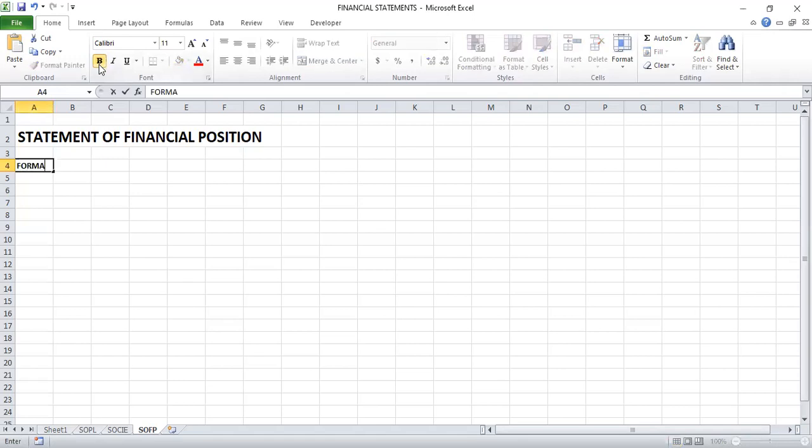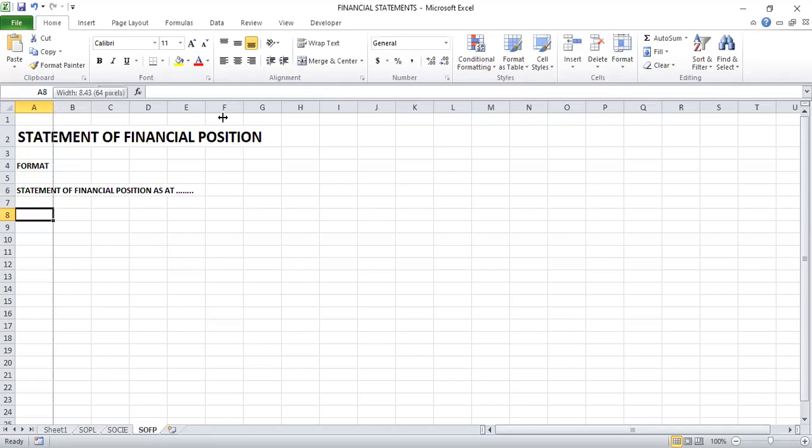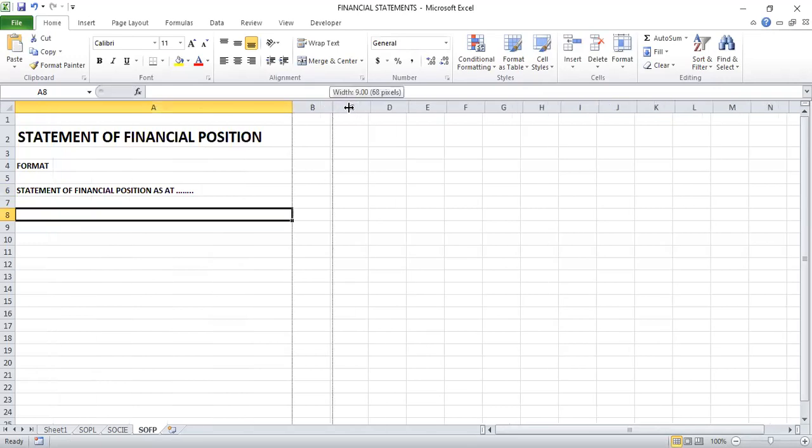It is prepared as at a given date. It can be 31 December, or remember that a financial year of a business can end at any other time, which is not December.